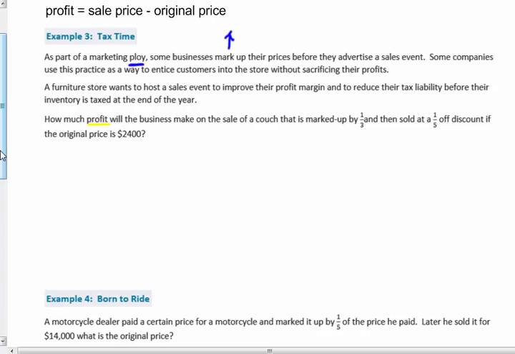That's a ploy to get you to come in and buy stuff. Some companies use this practice as a way to entice the customers into the store without sacrificing their profits.